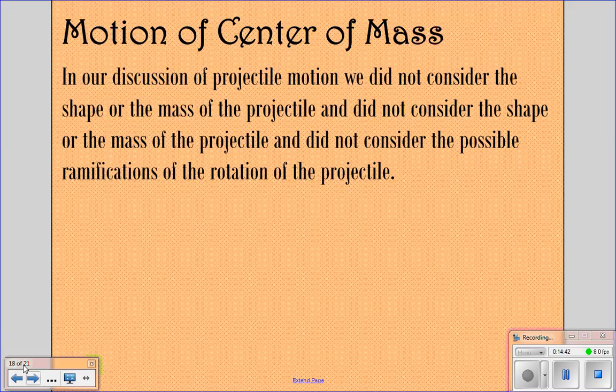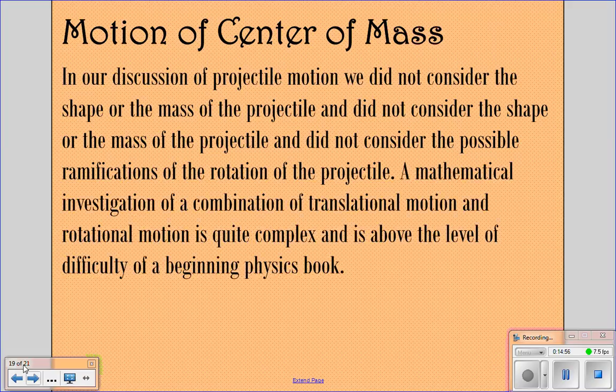In our discussion of projectile motion, we did not consider the shape or the mass of the projectile, and we did not consider the possible ramifications of the rotation of the projectile. A mathematical investigation of a combination of translation motion and rotational motion is quite complex and is above the level of difficulty of a beginning physics book, which this is a beginning physics book.